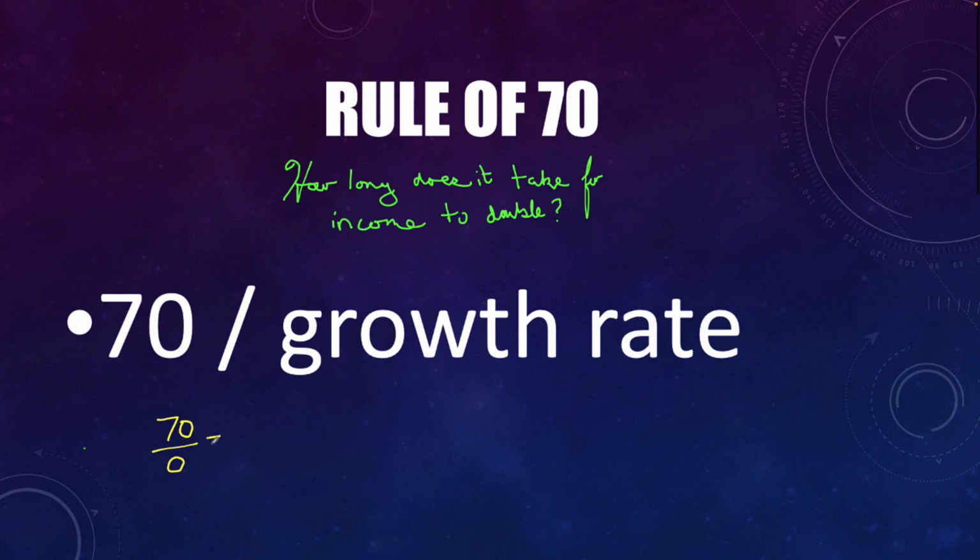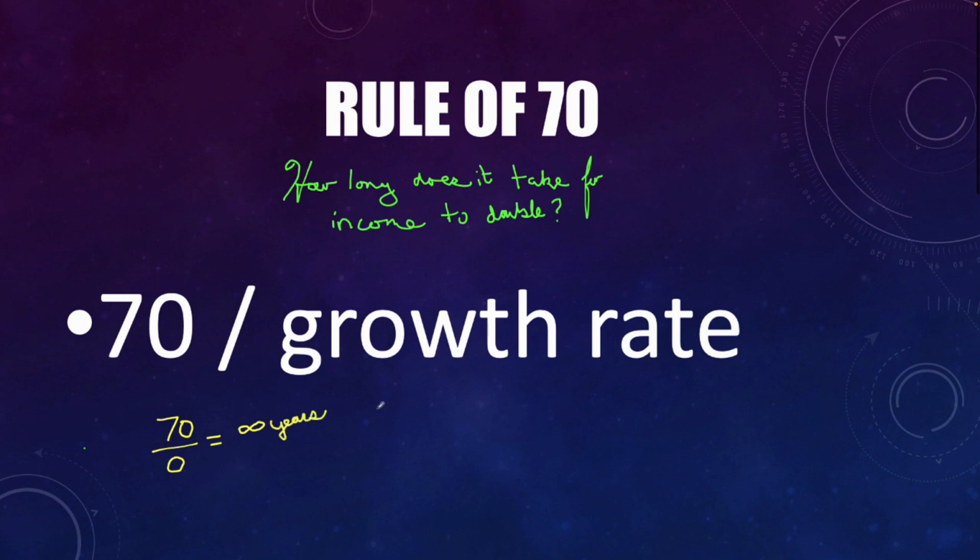Well, if you remember your math, you're not supposed to divide by 0 because this gives you infinity, which makes sense in the context of our growth rate here. If you never grow, it doesn't matter how many years out into the future we go, you're not going to change your income.